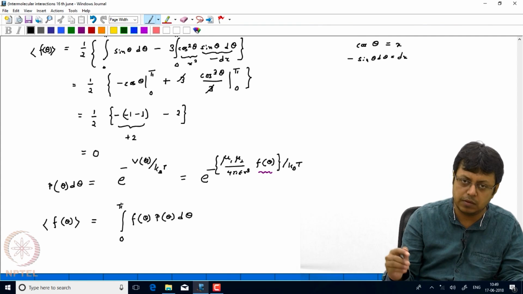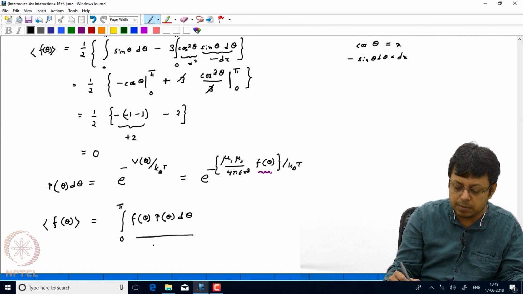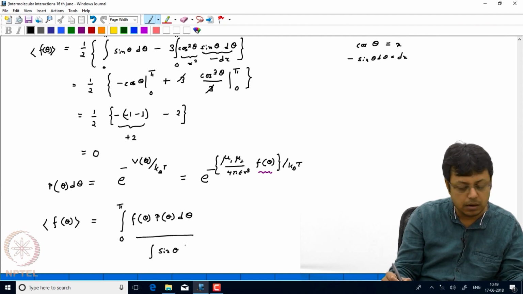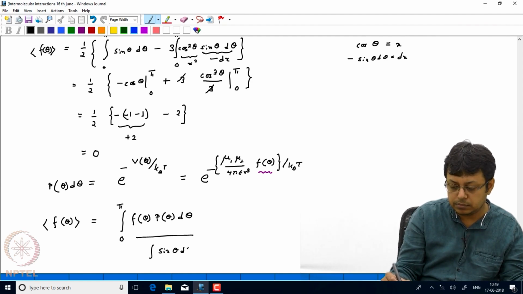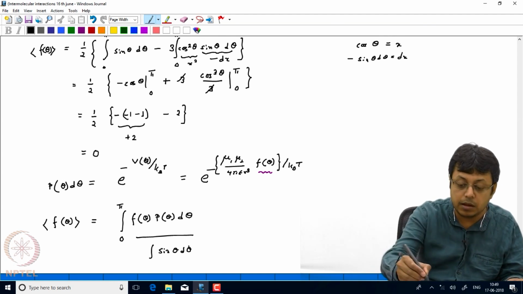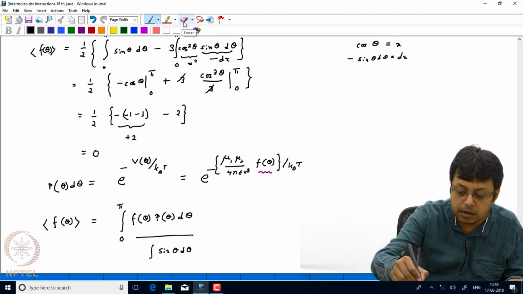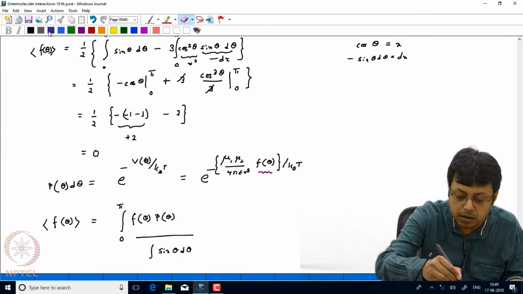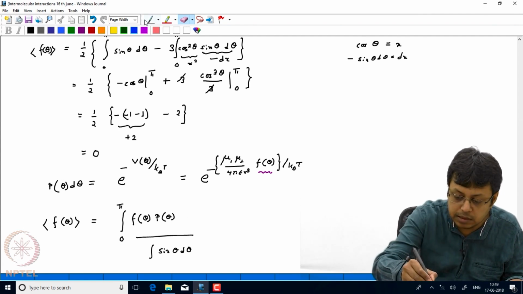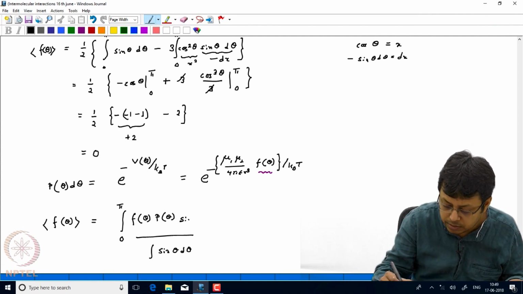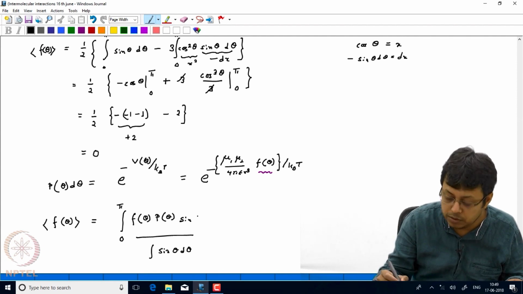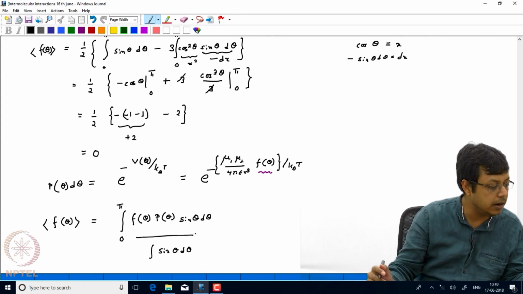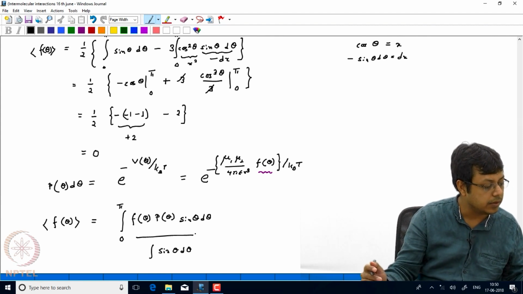We can actually consider the phi, and then numerator and denominator will again cancel with each other, and divided by sin theta d theta, and again instead of p theta, we will have p of theta sin theta d theta, because remember that is the spherical polar volume, and then we are basically integrating it like this.